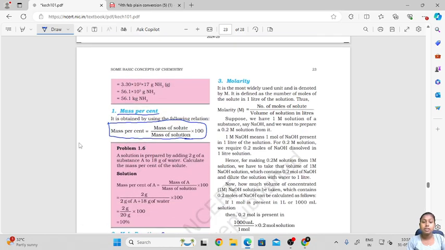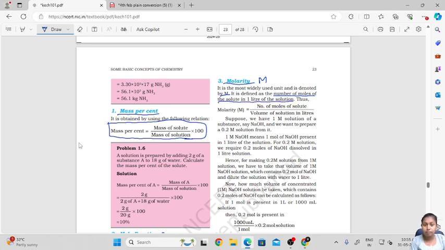Now next is molarity. It is the most widely used unit and is denoted by capital M. It is defined as the number of moles of the solute in 1 liter of solution.